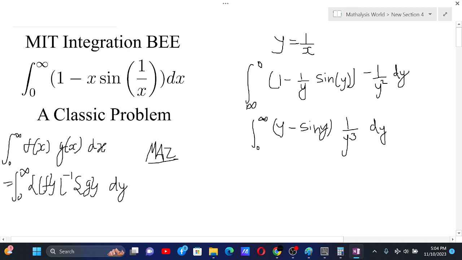This Laplace and Laplace inverse will take f and g to the world of y. So these two are equal from the Maths identity. So we can take this to Laplace world, and we can take it to Laplace inverse world, and then there we can do something since this one simplifies.